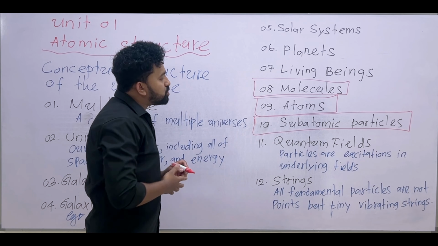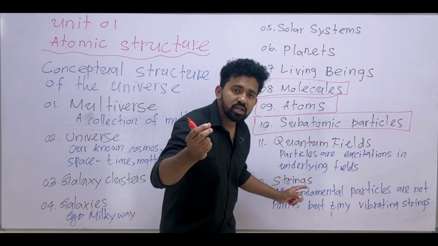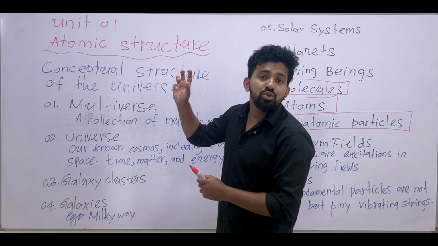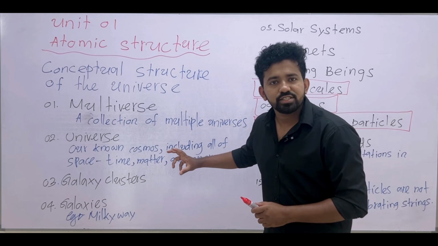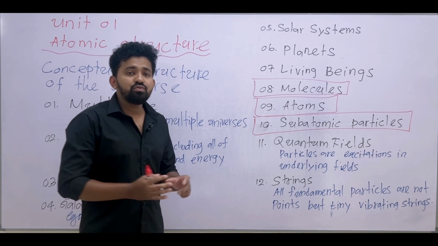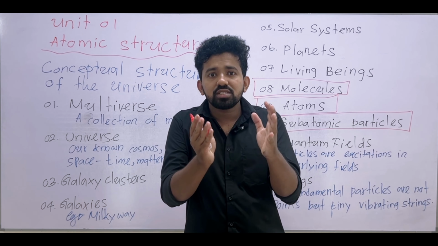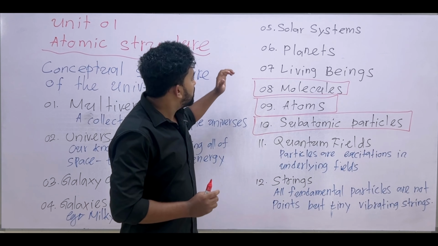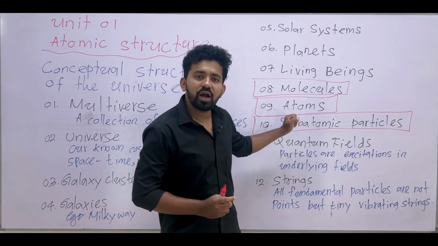We do not go to quantum fields or string theory, and we also do not learn about the multiverse, universe, galaxies, solar systems, or all the other things. What we are going to do here is get some idea about molecules, atoms, and subatomic particles.